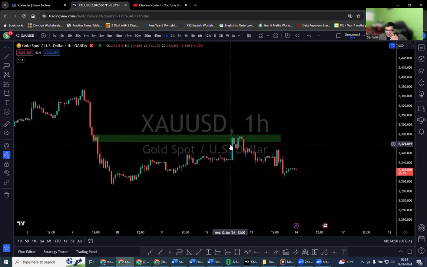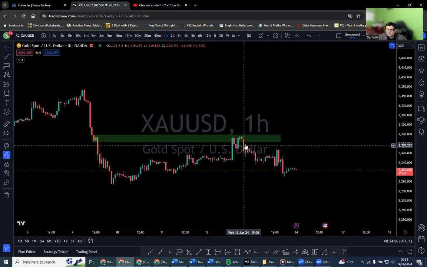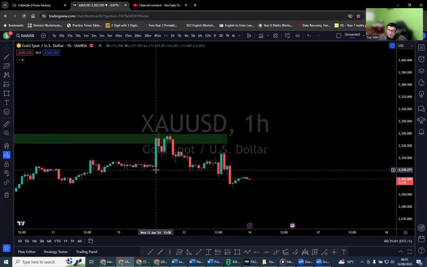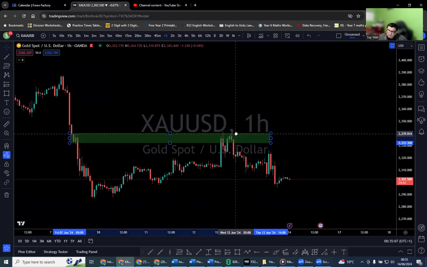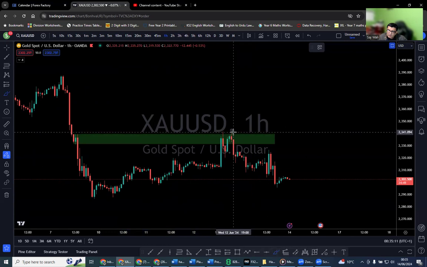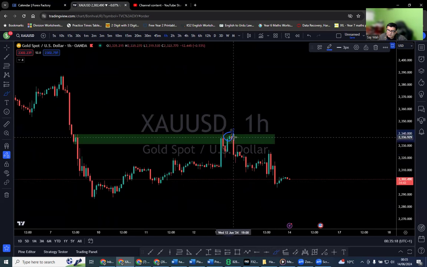We had rejection from this order block in 4 hour, and this candle pattern on this level, the 1 hour level here, showed us the possibility of reversal from here.